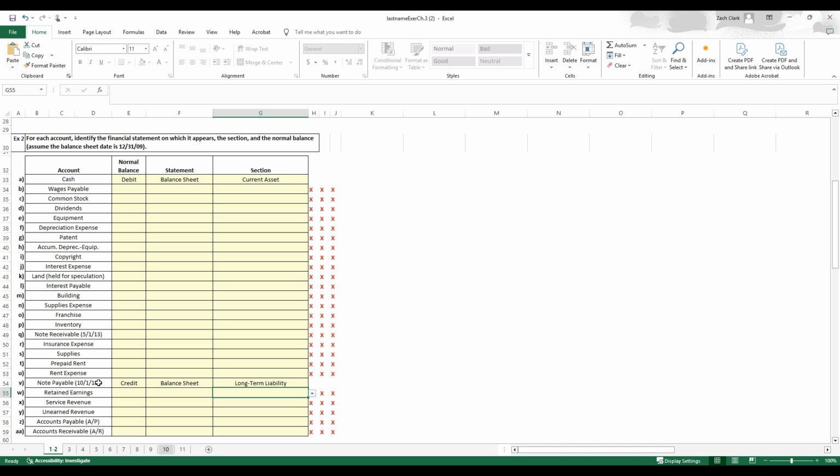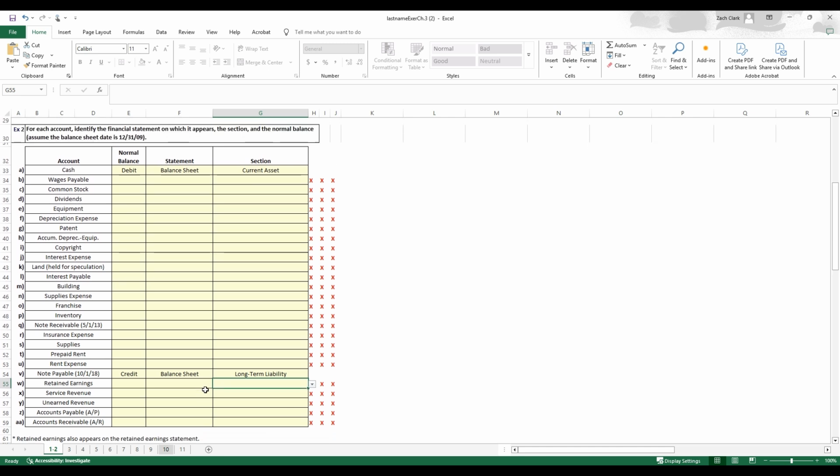Maybe there's a current portion, and that would be the principal payment due within the next 12 months. And then the long-term portion would be the full residual balance of the note payable that would be due beyond those 12 months. So you could have both a current portion and a long-term portion for a given note, depending on the payment structure and when it's due.